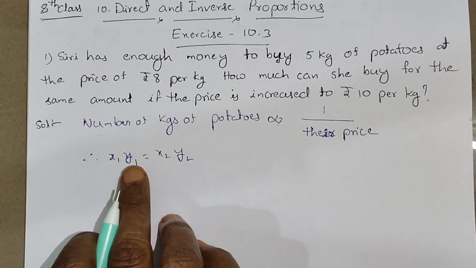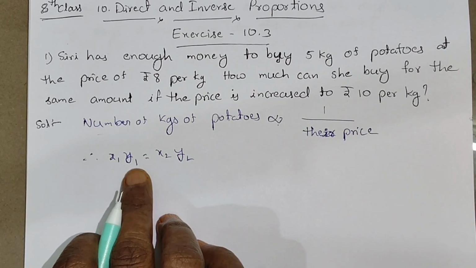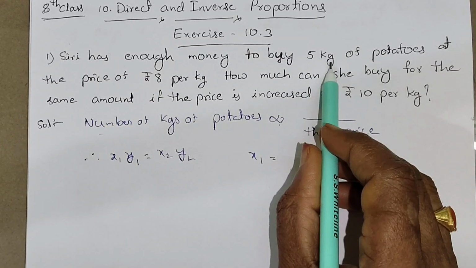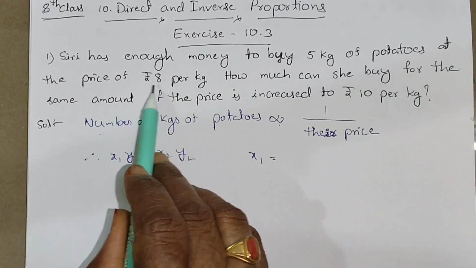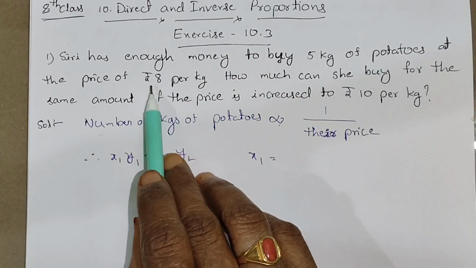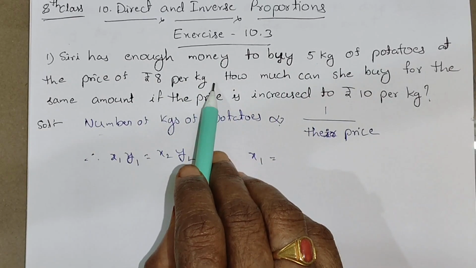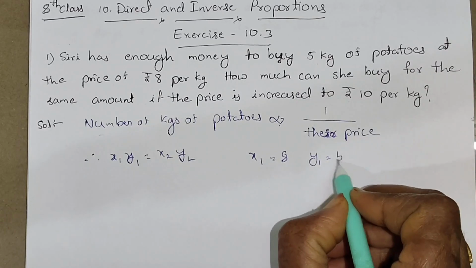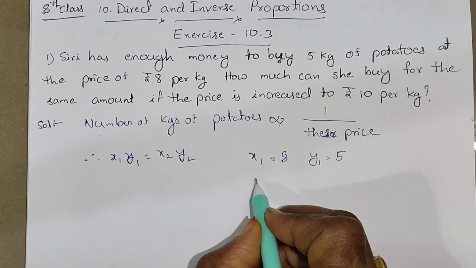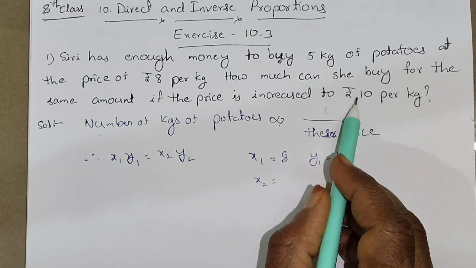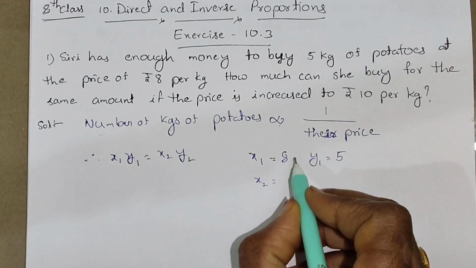So here x1 and y1. x1 is 8 rupees per kg and y1 is 5 kgs of potatoes. Next, x2: if the price is increased to 10 rupees per kg, x2 equals 10 rupees.